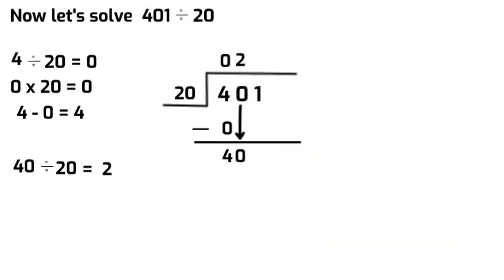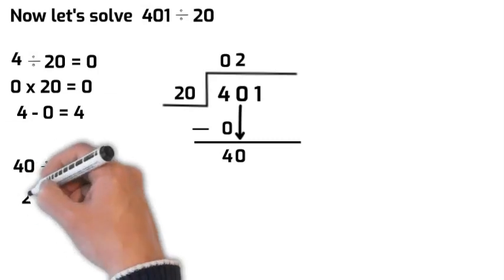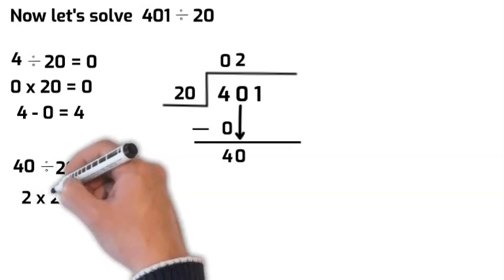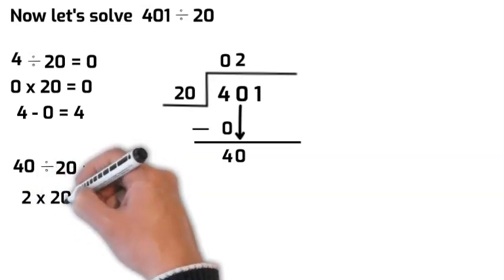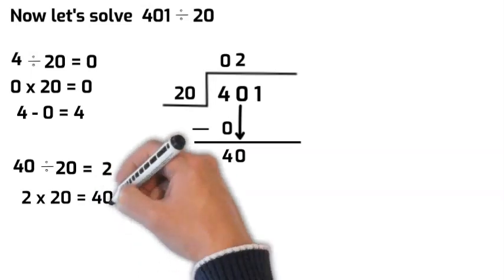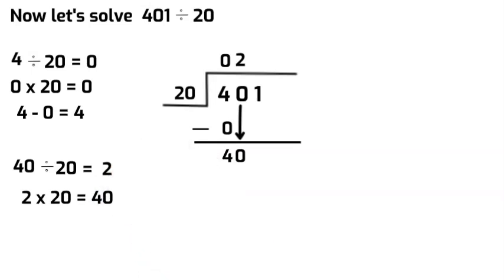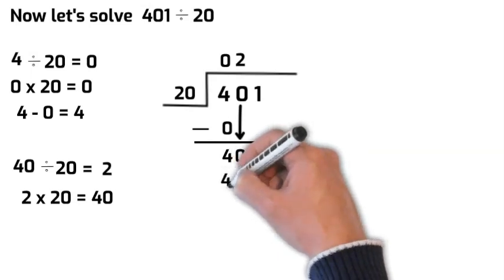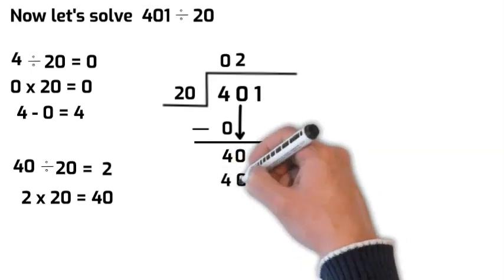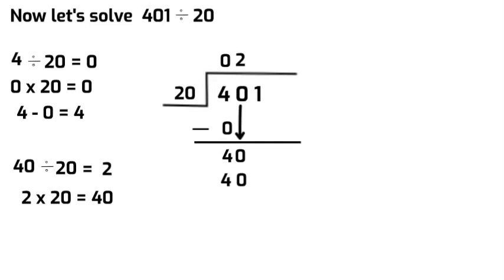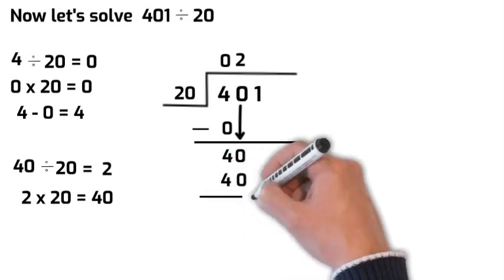Next, we say 2 multiplied by our divisor, 20. So we say 2 times 20. 2 times 20 gives us 40. We write down 40 and then draw a horizontal line.